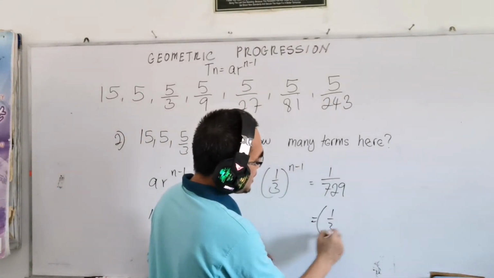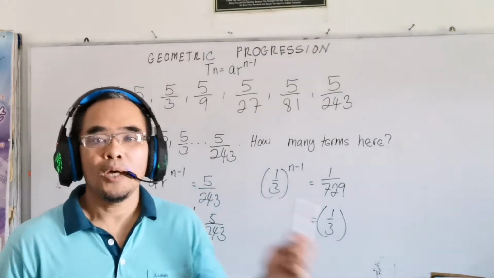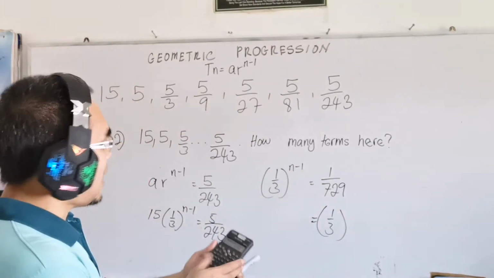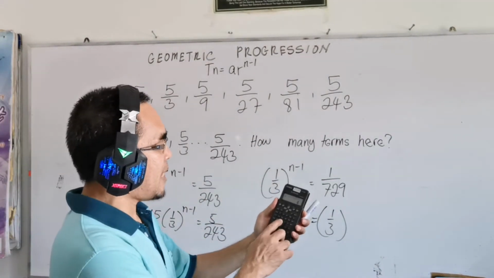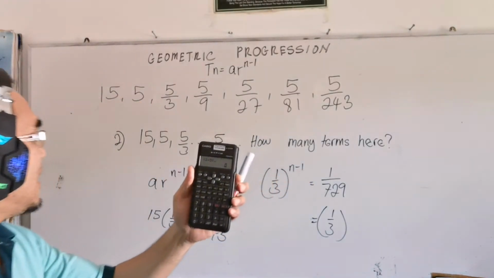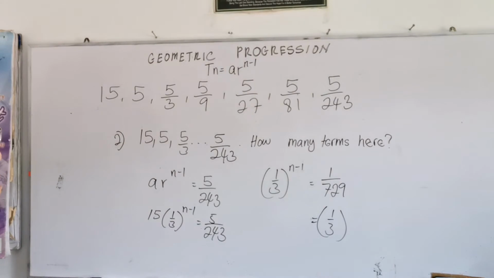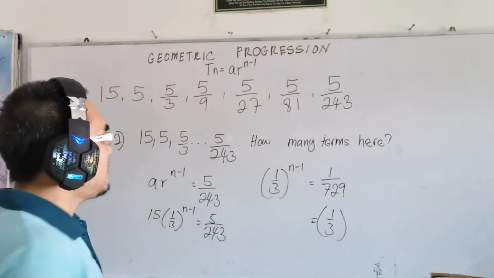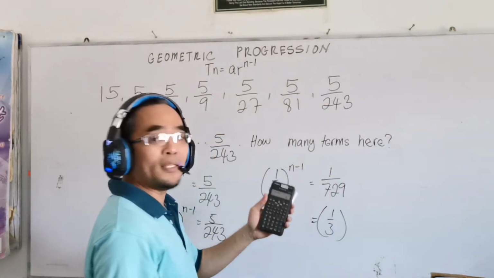So 1 over 3 to the power of what? As I just told you, use the calculator, make sure inside the bracket is 1 over 3, and then you just press whatever number you like until you get 1 over 729.